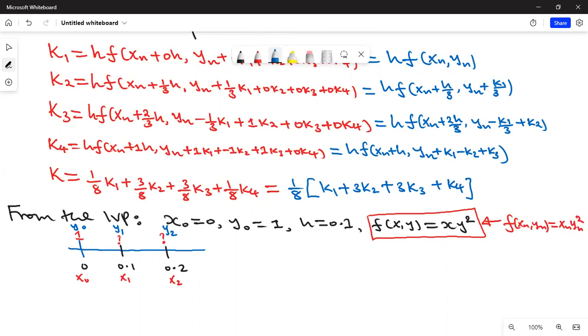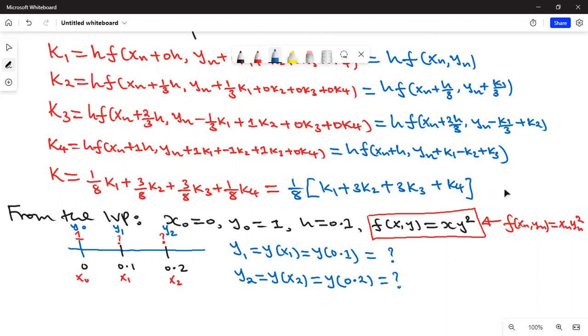Remember, when we write y1, it's the same as y at x1, which is the same as y when x is 0.1. We don't know this, so I'll have a question mark. And when I write y2, it is the same as y at x2, which is y when x is 0.2. I also don't know this, a question mark.